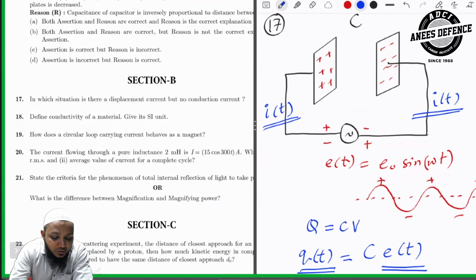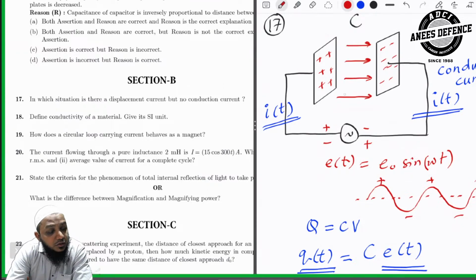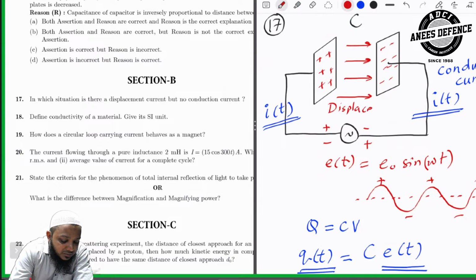These currents which flow through the wires are known as conduction current. But because there exists only an electric field between the plates of the capacitor, there is no conduction current between the plates. We introduce a new type of current called displacement current.